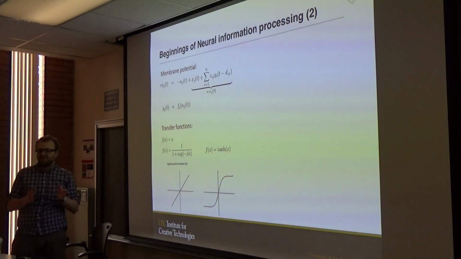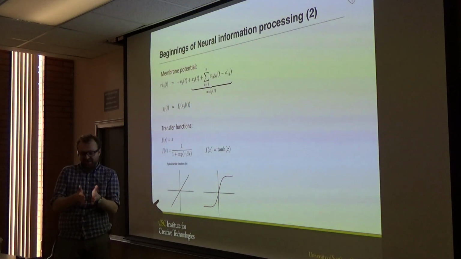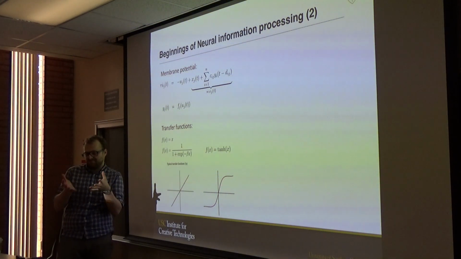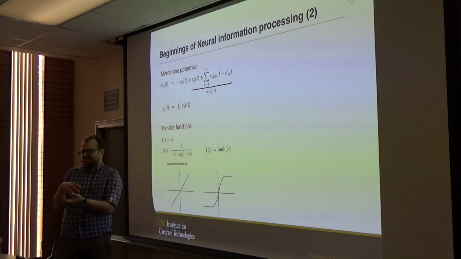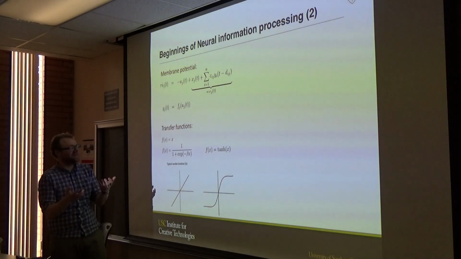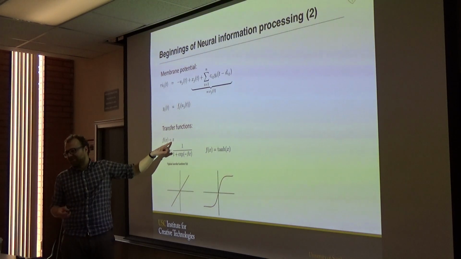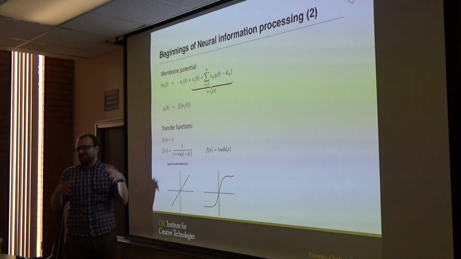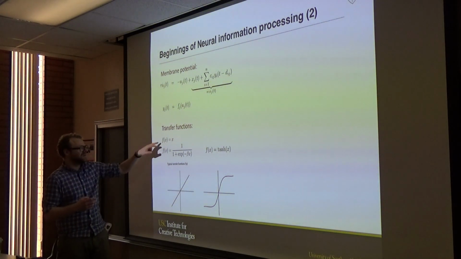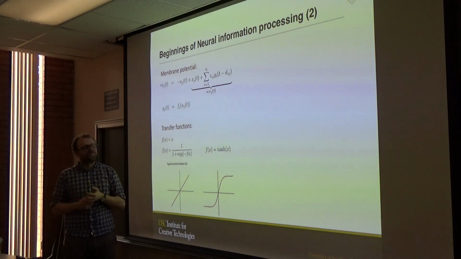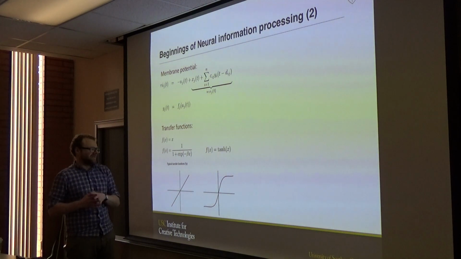A transfer function is nothing but something that takes a potential and transfers it into something else. The easiest thing would be to transfer it into itself. That's totally fine. A lot of the neurons that we will use just do that. So that's very easy.